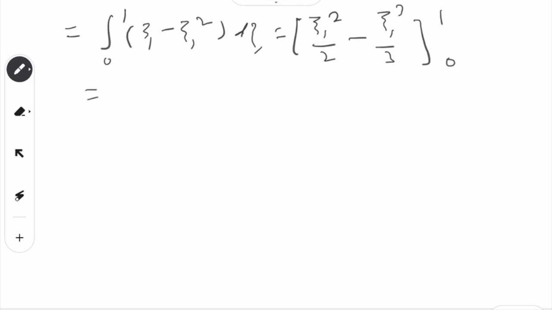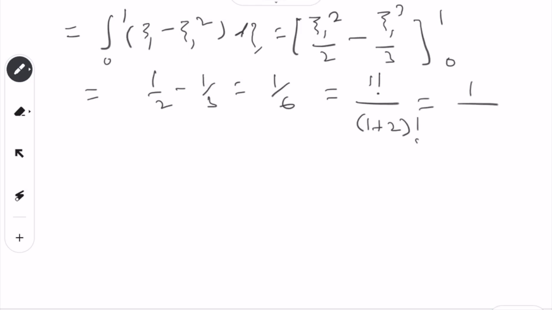What do you get? You get 1 over 2 minus 1 over 3, so you get 1 over 6. And what is this equal to? i factorial, so 1 factorial, over (i plus 2) factorial, which is 1 over 3 factorial, equal to 1 over 6. So this is correct.